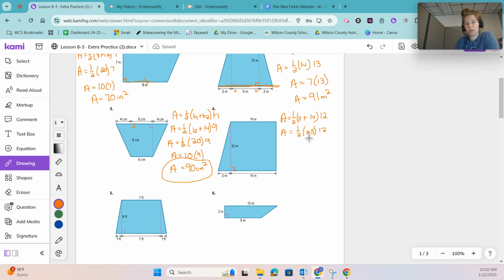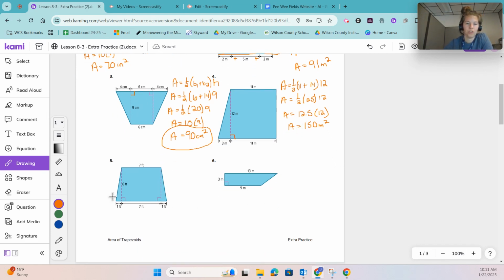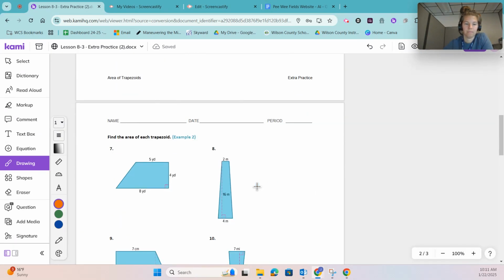Okay, half of 25 is 12.5 times 12. And 12.5 times 12 is going to be 150 meters squared. Okay, same formula.